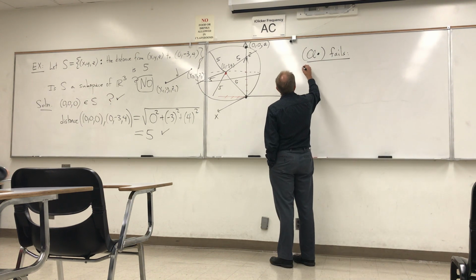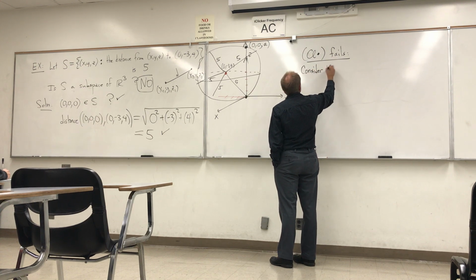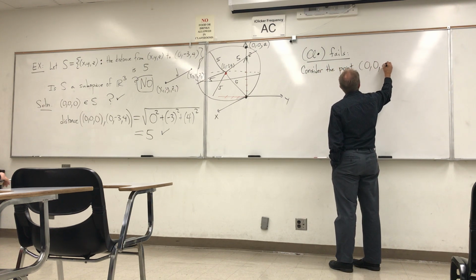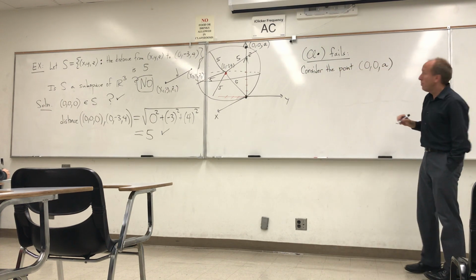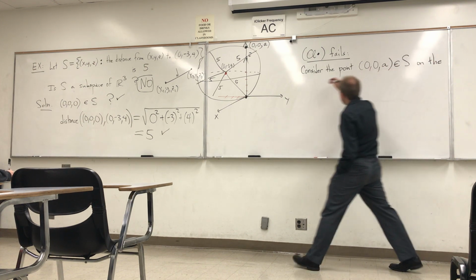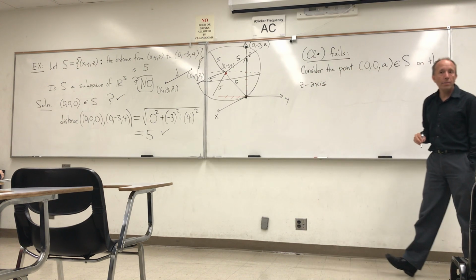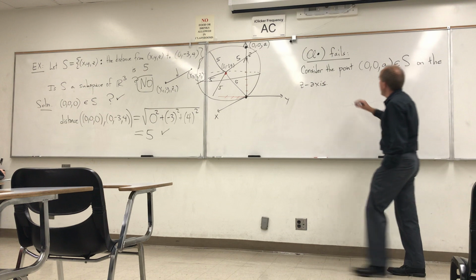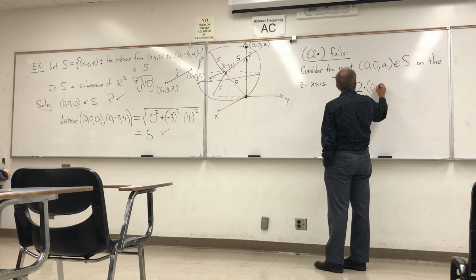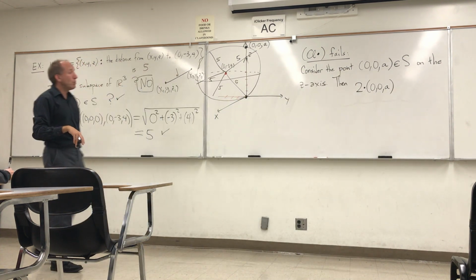So consider the point 0, 0, A. I don't even know what A is, but this is an element of S on the z-axis. Okay? Then when we're disproving the closure, let's say we double this point, (0, 0, A) times 2.